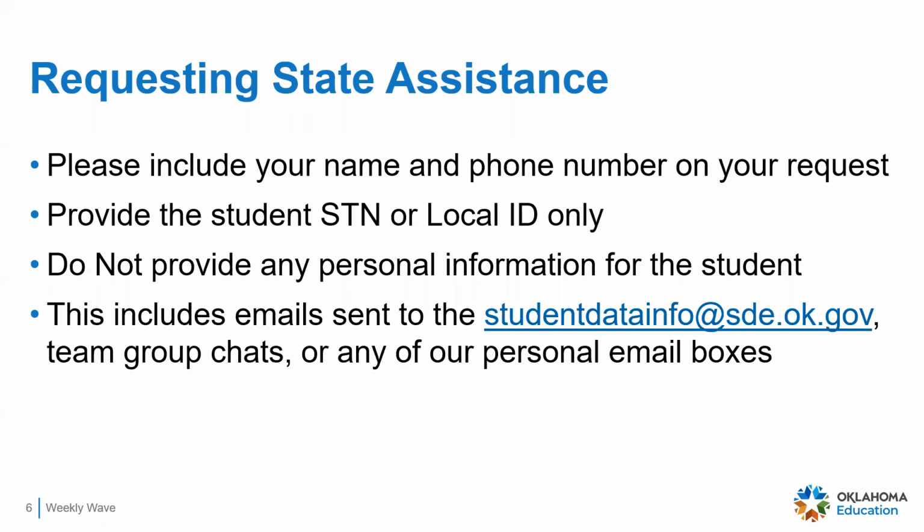And when you're sending that information into us, don't provide us your student's state testing number and local ID only. We don't need their name or date of birth or any personal information on the student. We can pull up any student by the state testing number and local ID. So be sure that that's all you're including when you request it.